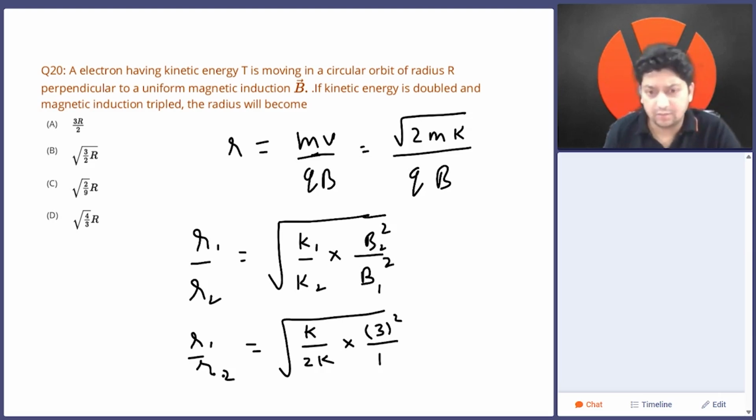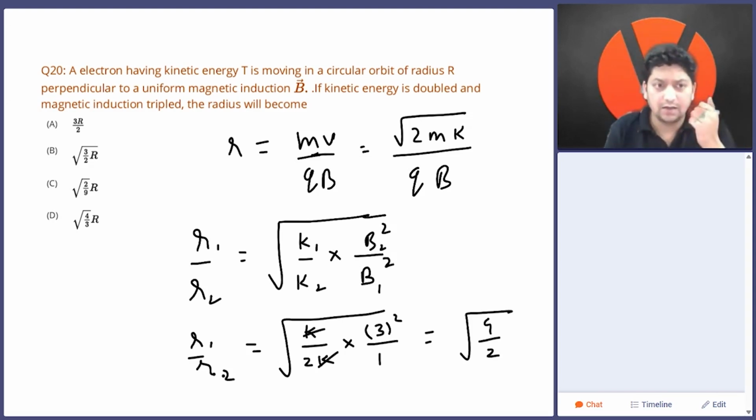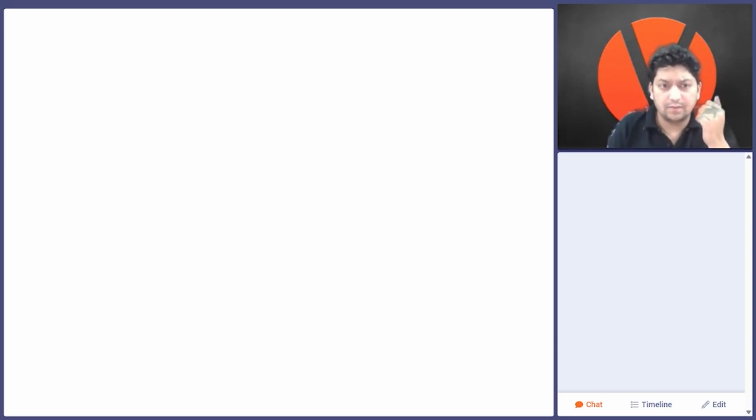That's it. K and K will be cancelled out, B and B will be cancelled out, right? So we are getting 9 by 2 under root, and this is R1 by R2. R1 by R2 is under root 9 by 2.